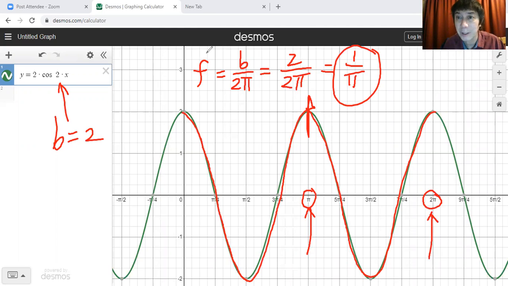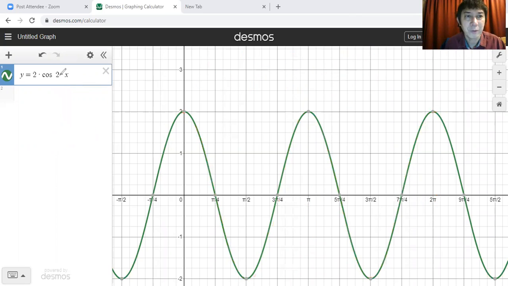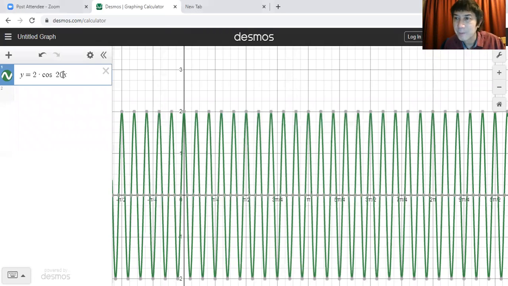If you change this number 2 to a higher number, you will have a higher frequency. Let us show that. Let's make it just 20. There, see, you have a higher frequency.